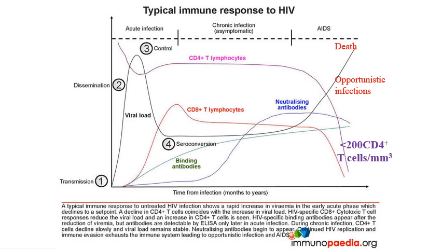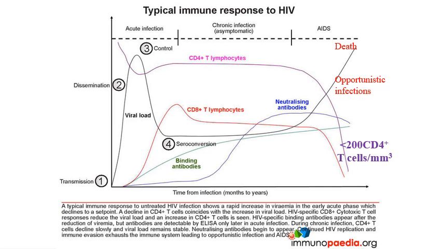Okay? The HIV-specific CD8 cytotoxic T cell response reduces the viral load. This decrease is because of the activation of CD8 cytotoxic T cells, and is associated with an increase in CD4 T cells.